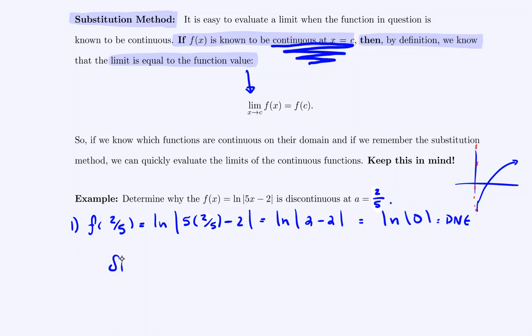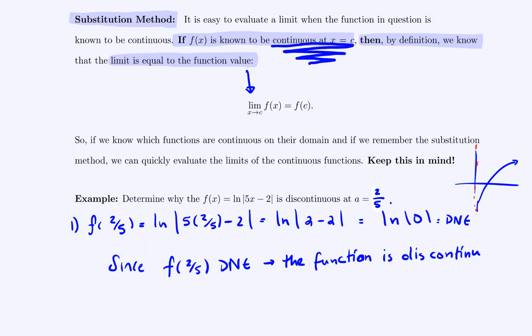So since f of 2/5 does not exist, the function is discontinuous at a equals 2/5. Because all three things have to be true for it to be continuous at a point.